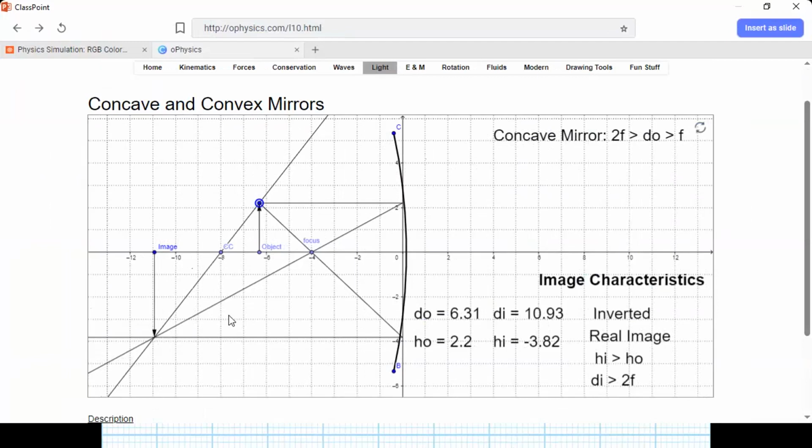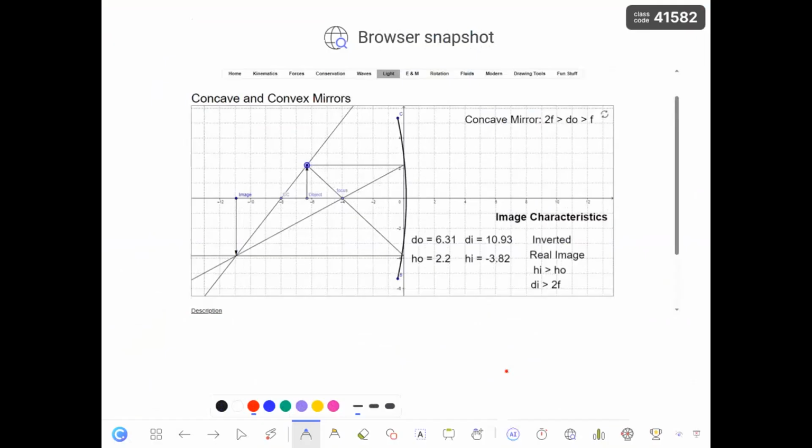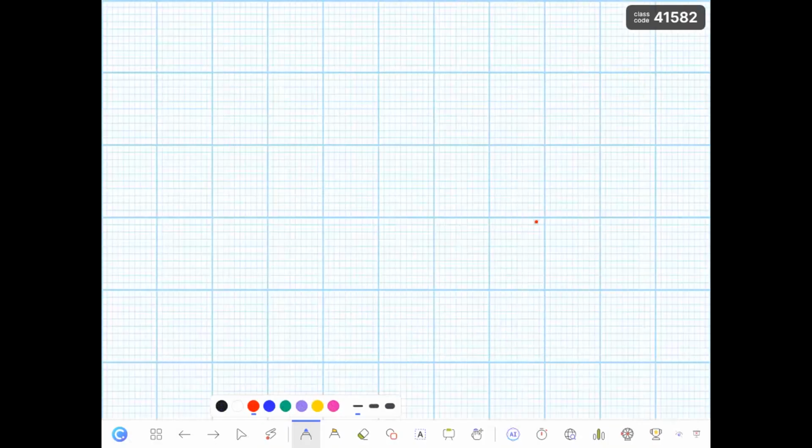We use those three rules, or those three lights. Let me just insert this as a slide. Good, and then go back to here. Now we have this as a slide.